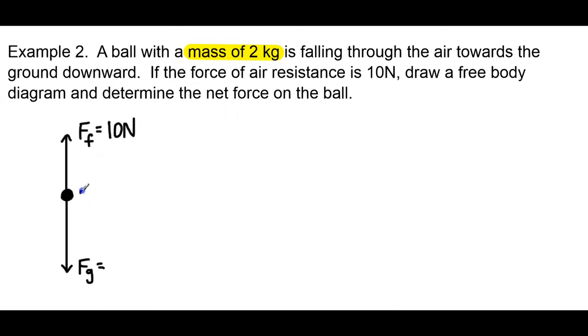The mass of the ball is 2 kilograms, and therefore we can automatically figure out what the force of gravity is. Remember, it's your mass, so 2, times the acceleration due to gravity, which is that constant value, 9.8. So we end up with 9.8 times 2, which is 19.6 newtons in the down direction.